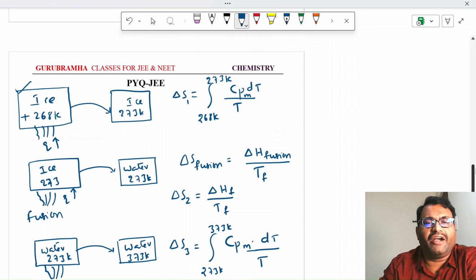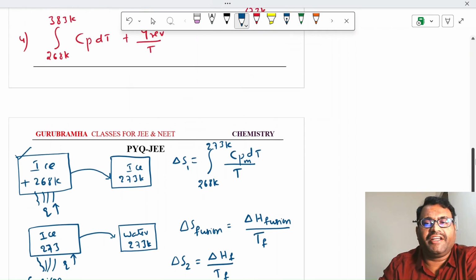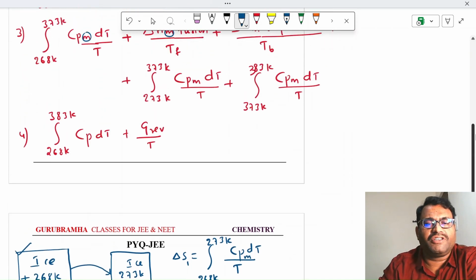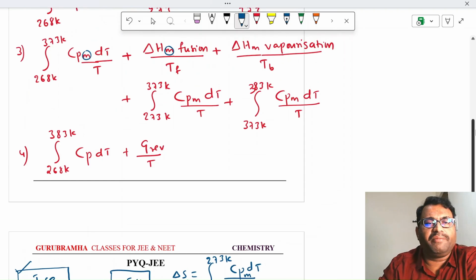So when you add all these, where are you finding the options? First, Cp dT by T. See, in the third option you see 268 Kelvin to 373 Kelvin, Cp molar dT by T. Next, second, here you have delta H fusion, where m represents molar, fusion by T_f. Do we have that?